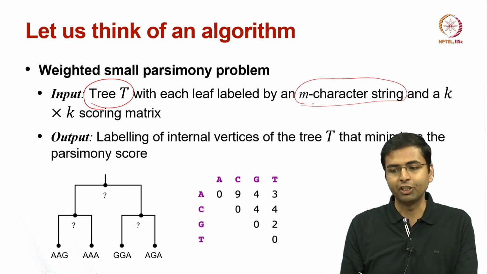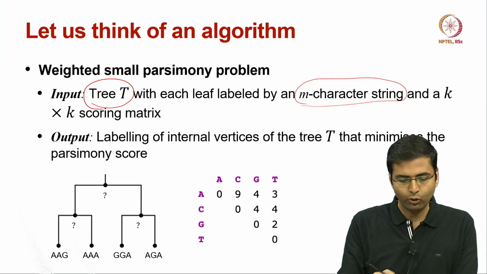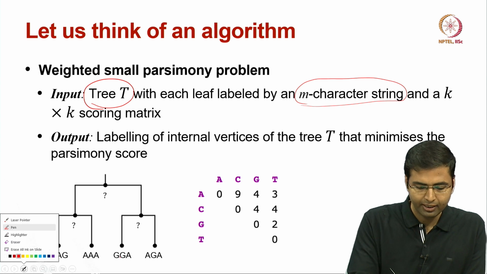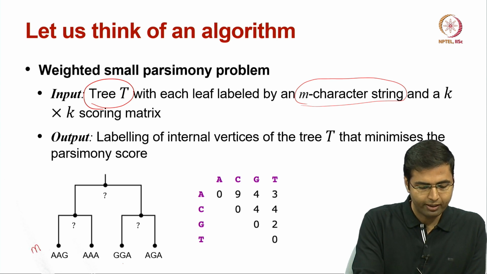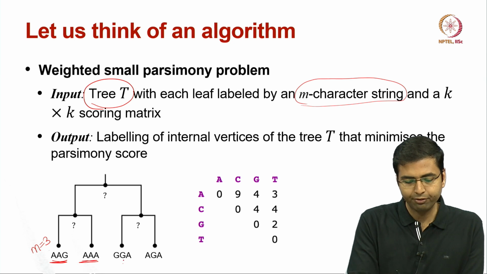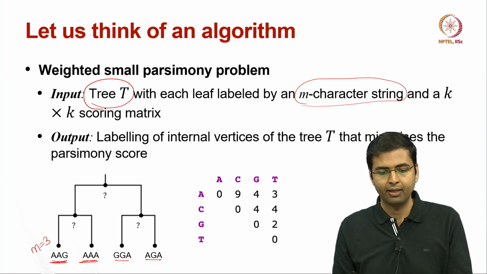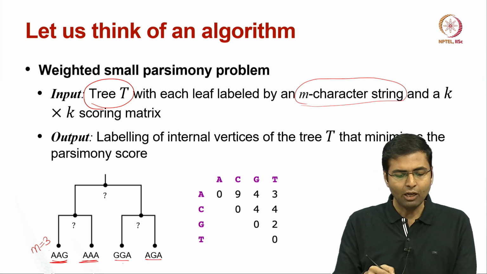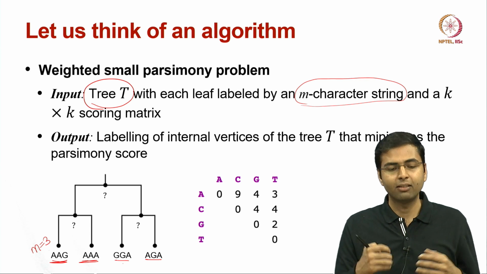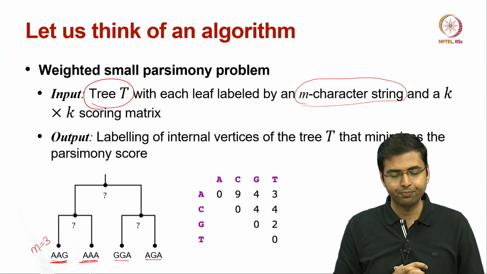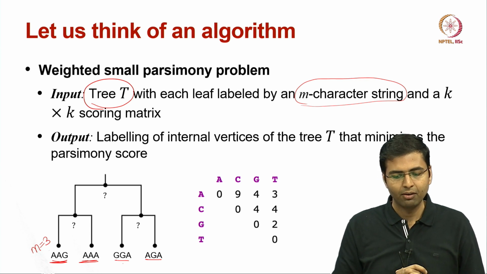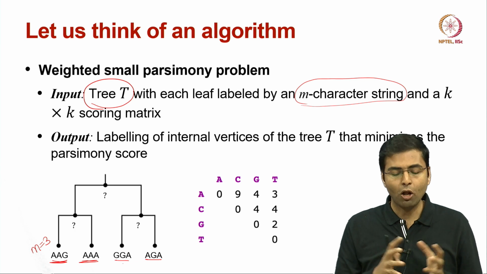So, these are the observed features. In this example m is equal to 3, because you have 3 characters for each leaf. The question is, how do we label the internal vertices so that the parsimony score is minimized? How would you solve this problem?